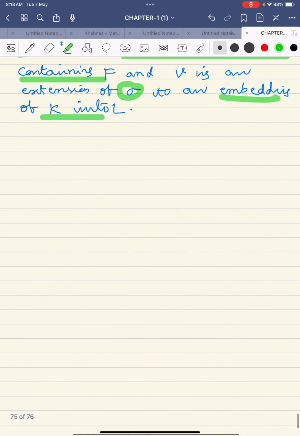So trivially you observe that the ordered pair F comma sigma belongs to S. Obviously F comma sigma belongs to S because sigma is an embedding of F into L. So sigma can be extended.